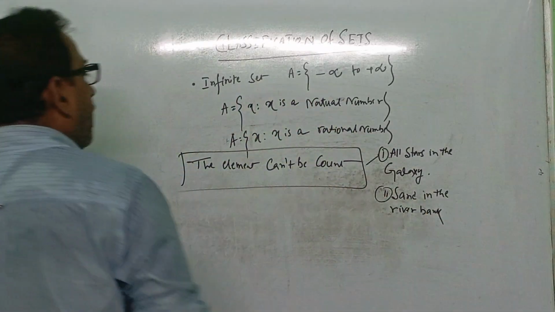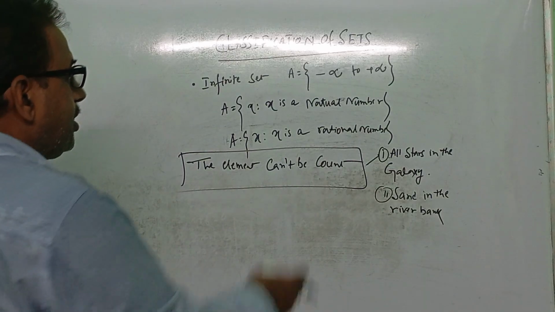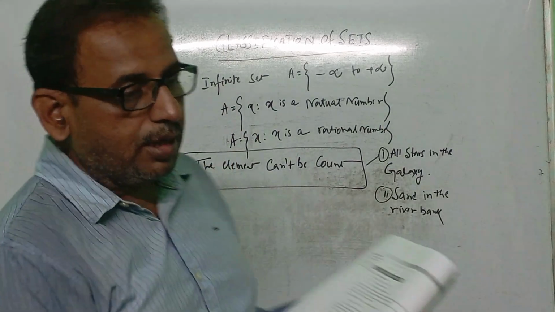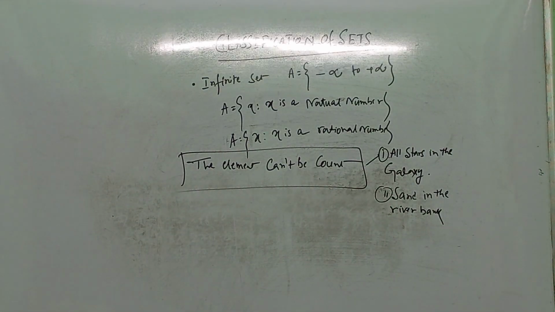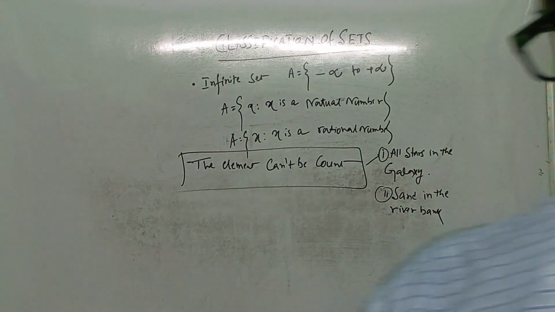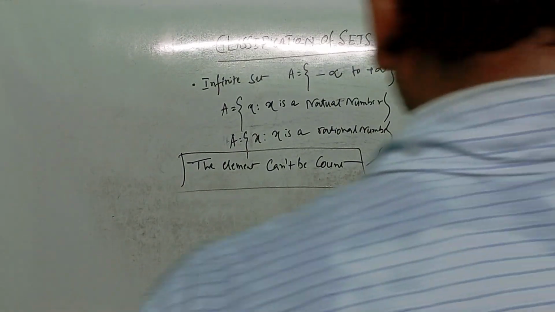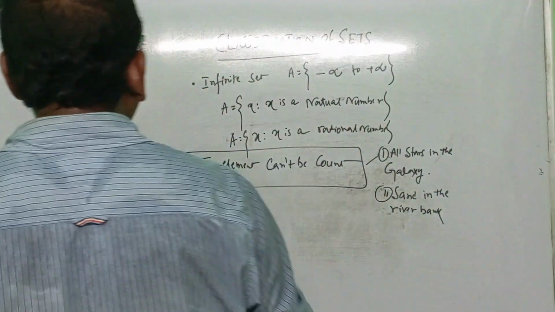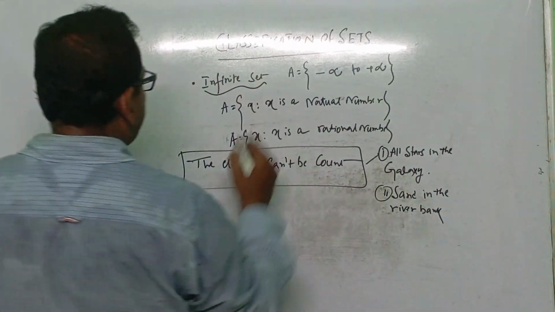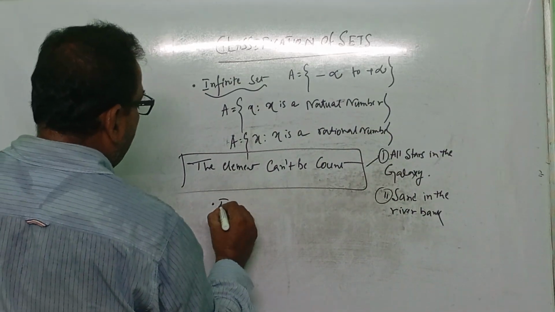We can't count that. Natural numbers, we can't count them. So this is the infinite set. Now second, finite.